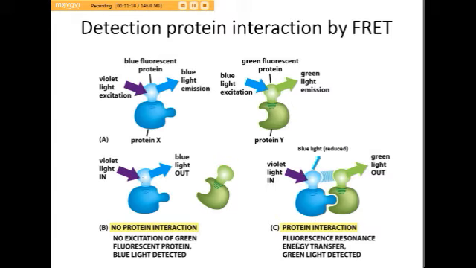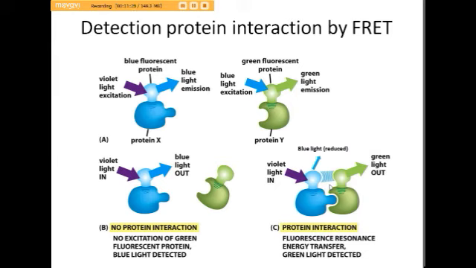Under the protein interaction condition, when X interacts with Y, there will be FRET between BFP and GFP, because the distance between the two is usually less than 10 nanometers for protein interaction.